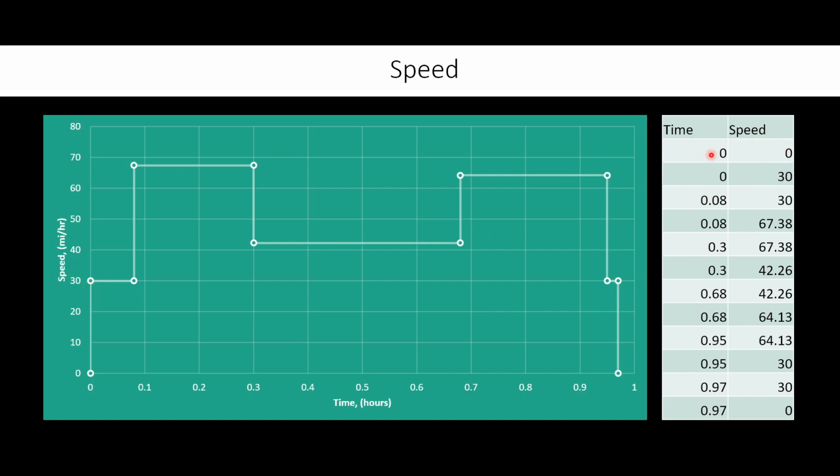Essentially, at time 0 you were at 0, your speed was 0, and then at time 0 again, that's what I mean by instantaneously, there's no lapse in time for you to reach that speed.